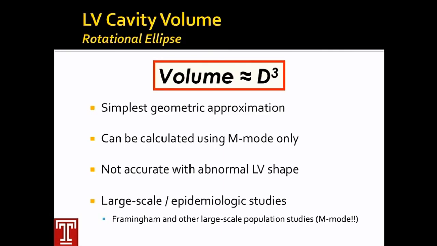They have switched over gradually over time, and more modern studies probably don't use this, but the D cubed formula has a place in echo epidemiologic literature, and you may come across it on an examination.